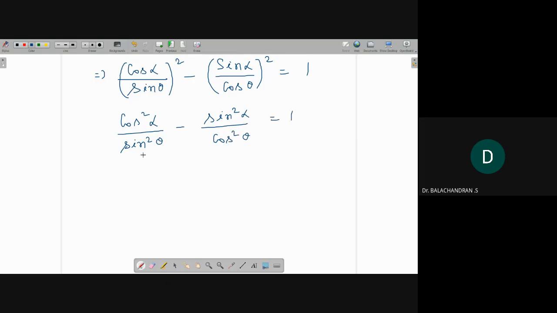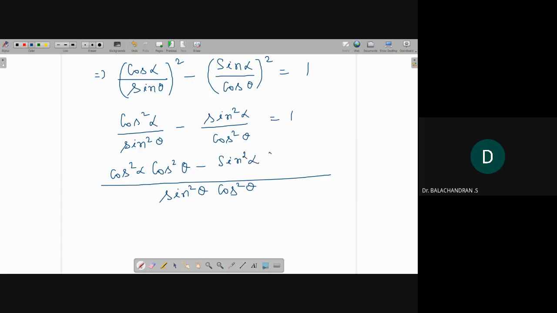So now take the LCM. LCM is sin square theta into cos square theta. So here you have cos square alpha into cos square theta minus sin square alpha into sin square theta equal to 1.